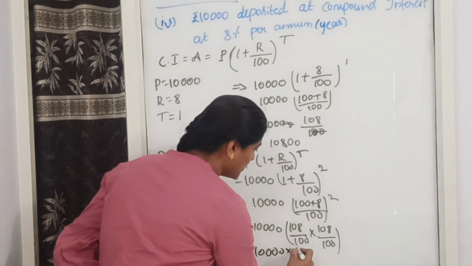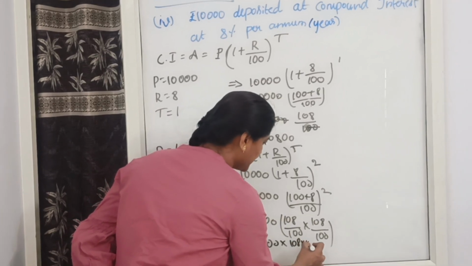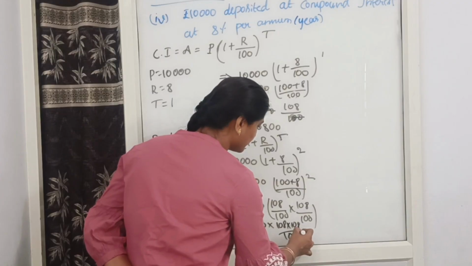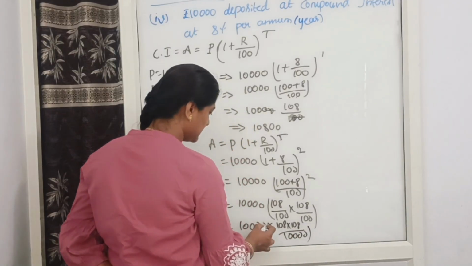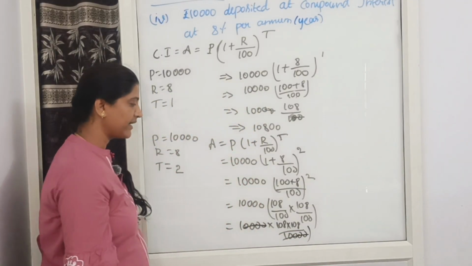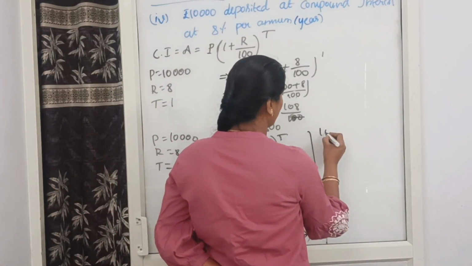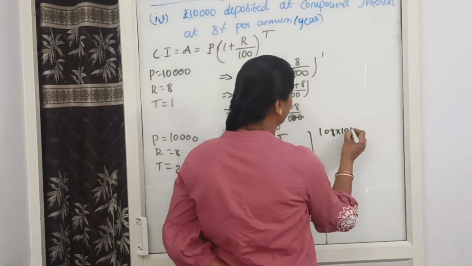Now 10,000 into 108 into 108 we need to do, and the whole divided by how many zeros? 4 zeros. This is also 4 zeros, so they get cancelled. The remainder is 108 into 108.